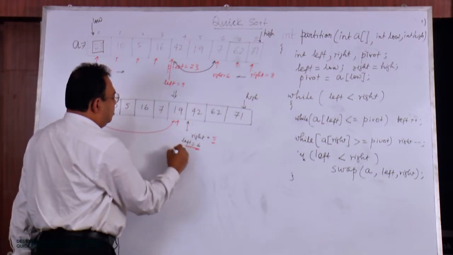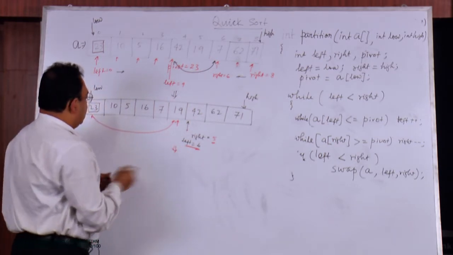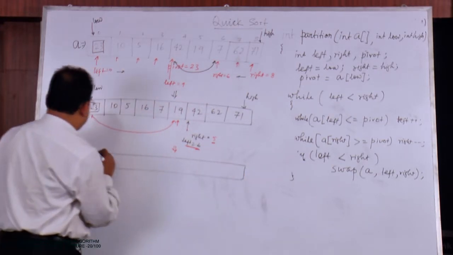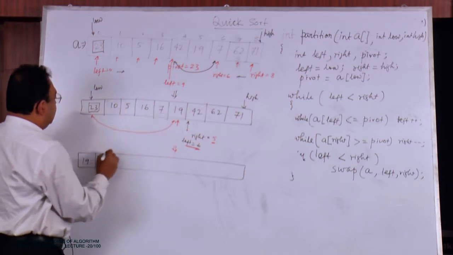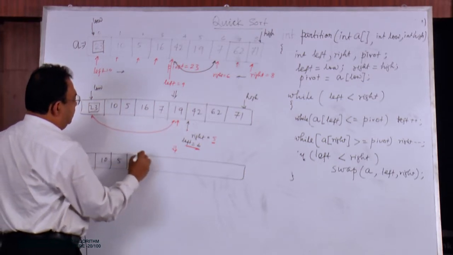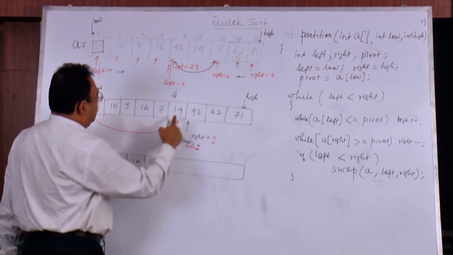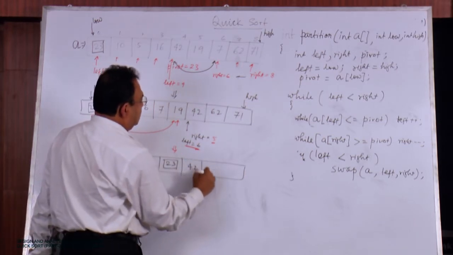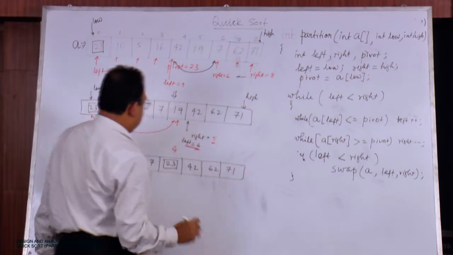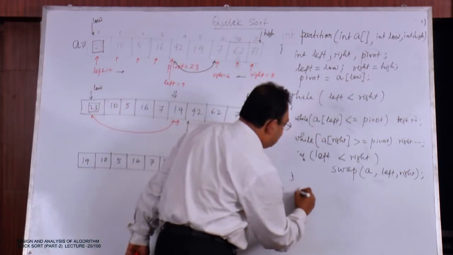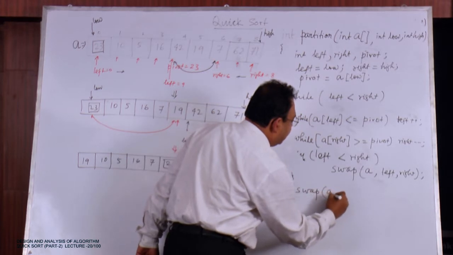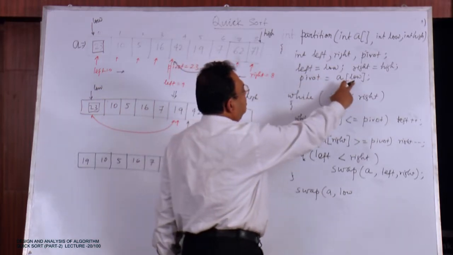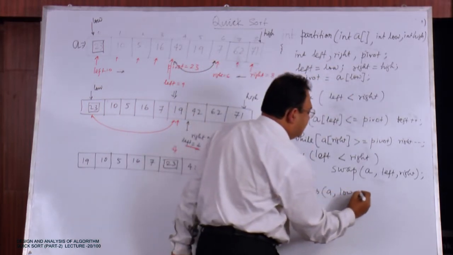After this interchange, 19 will come to this position, this is 10, this is 5, this is 16, this is 7 and this will be 23, the pivot element, this is 42, this is 62, this is 71. This interchange is done by another call of the swap function in the array A between low, which was initially the assumed position of the pivot, and right.